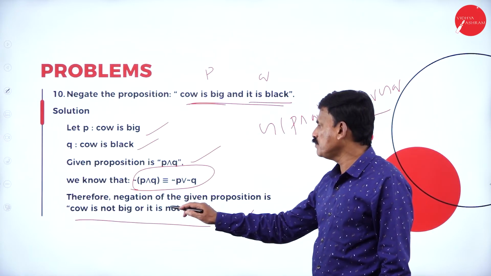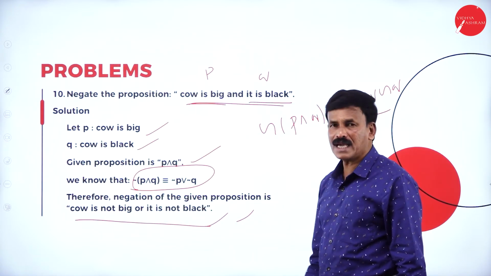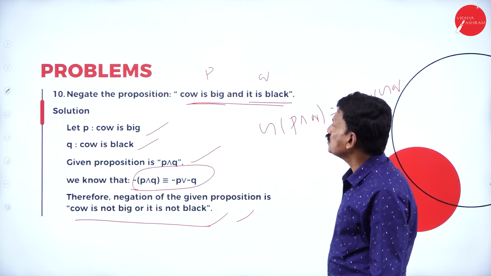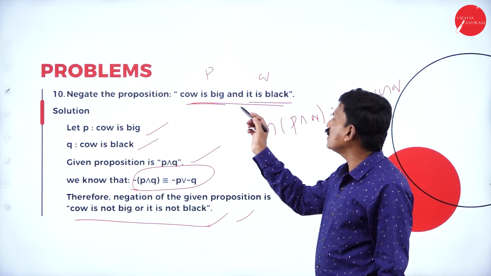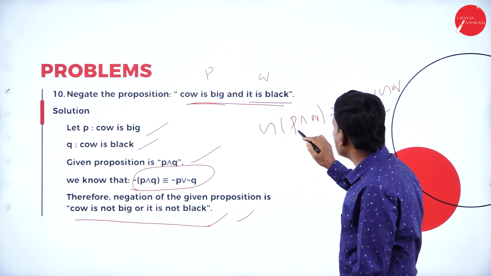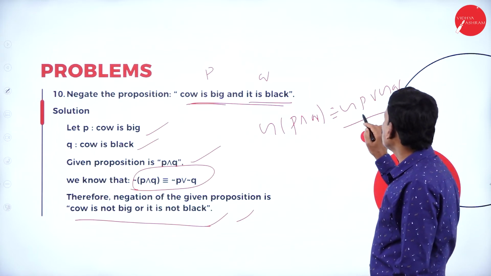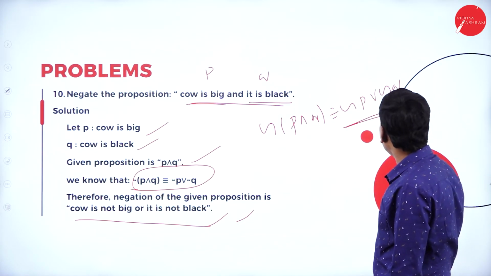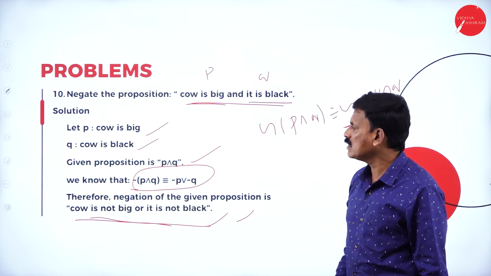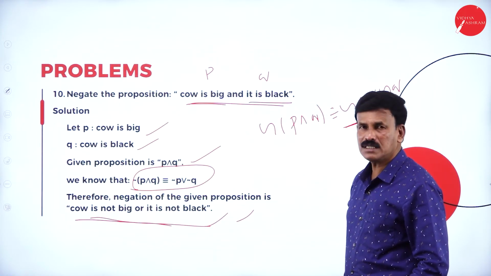Cow is not big or it is not black is the negative for the given proposition.